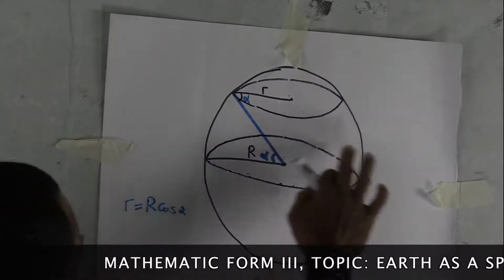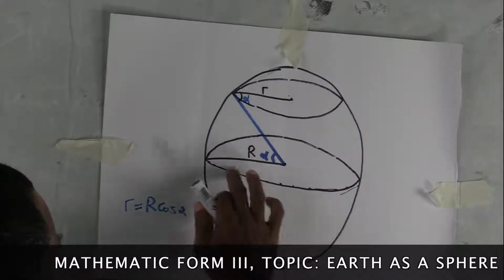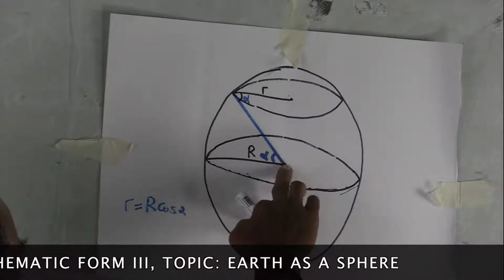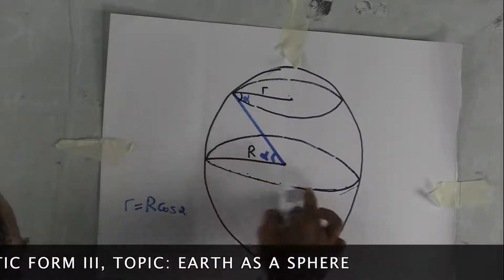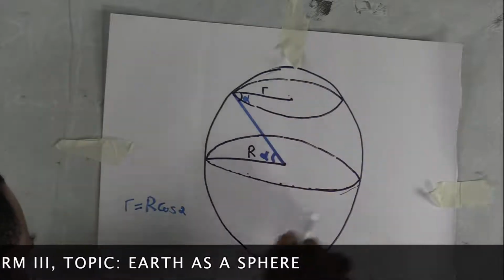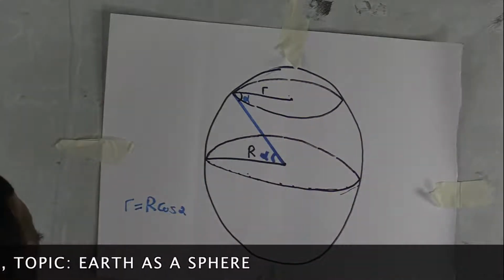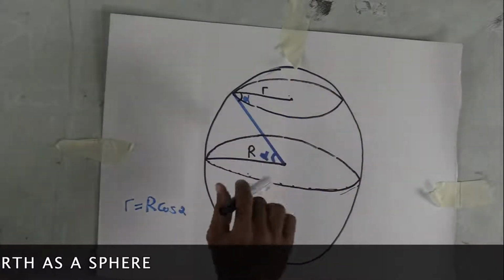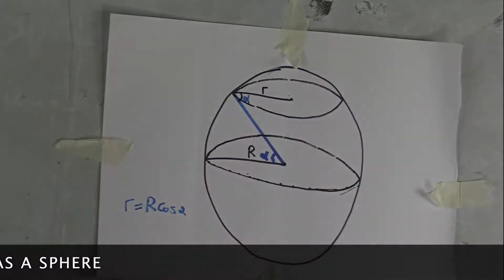We have two circles here. This one has a radius the same as the radius of the Earth. This is the Earth. And we have another circle here, in which the radius is smaller than the radius of the Earth.